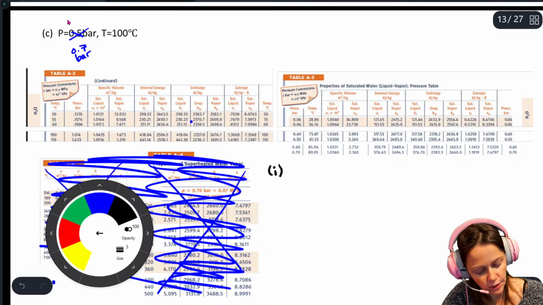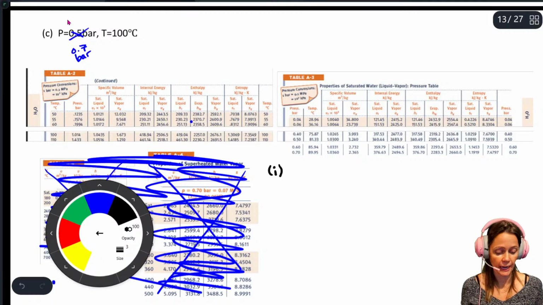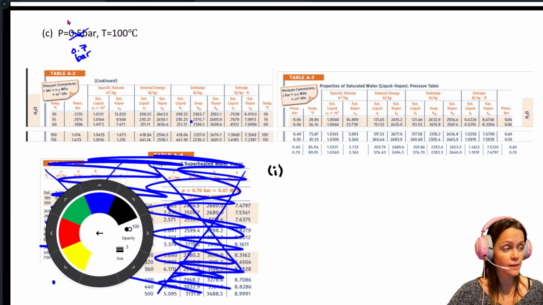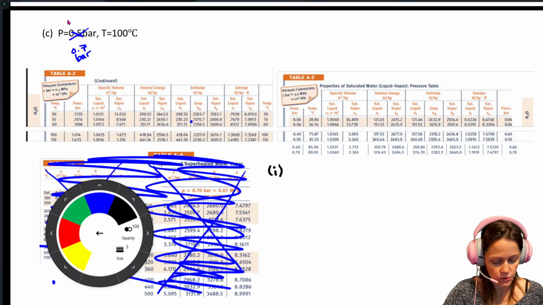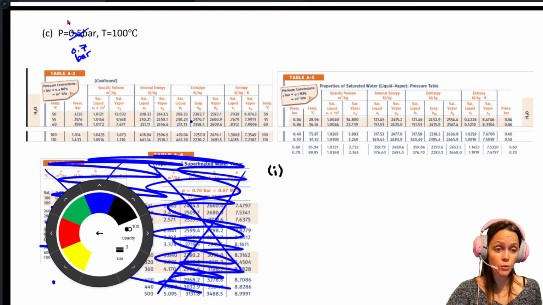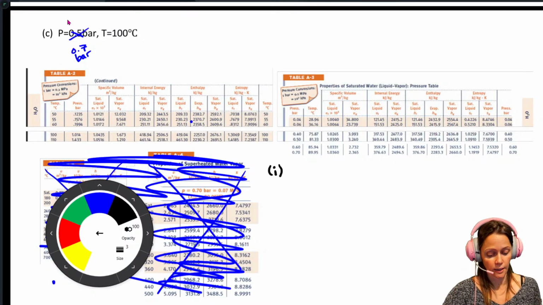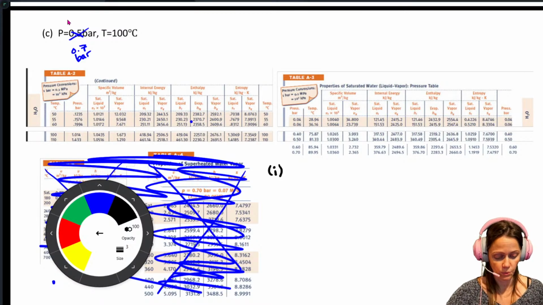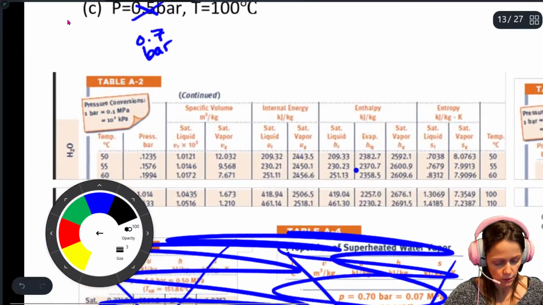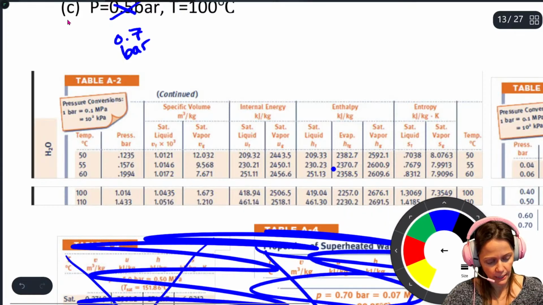So the first thing I need to do is, at 0.7 bar and 100 degrees Celsius, what phase is our substance in? So for that, I'm going to use tables A2 and A3, which are saturated tables, and just use the information there to tell what phase it's in. So for table A2, that's organized by temperature.